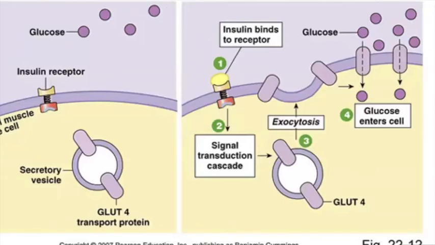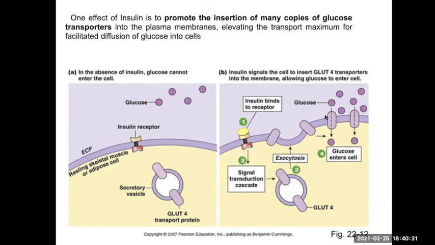All right. So that's the effect of insulin. In this case, actually, the one effect. Insulin has other effects, but one effect is increasing the amount of glucose transported so that more glucose can be taken up in the cell. And these particular types are liver and muscle cells.